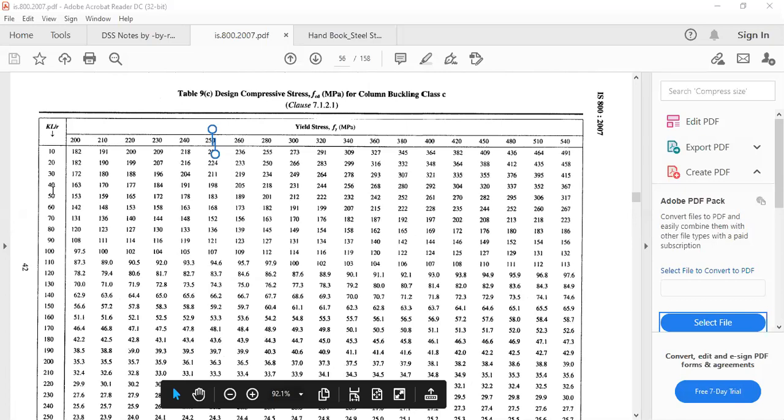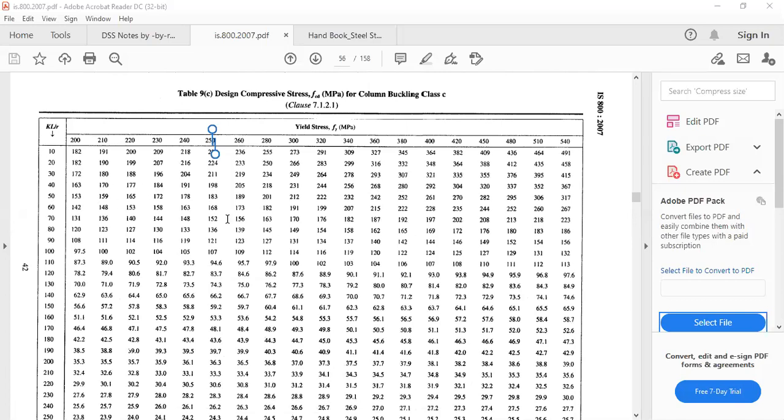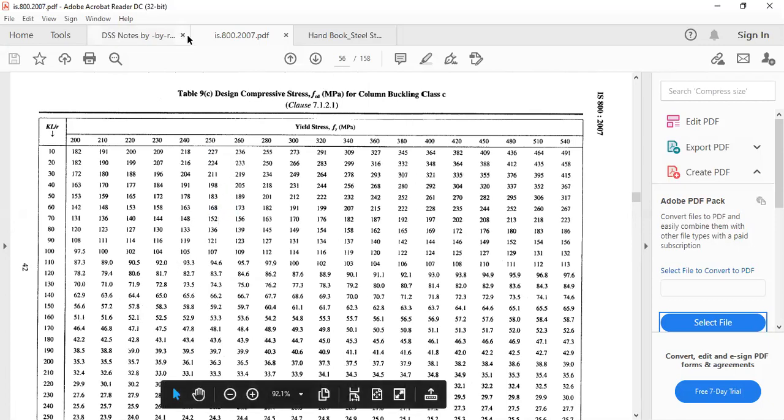For 50 the FCD value is 183, for 60 it is 168. So in between that we can have 55. By taking the average we can find out: 183 plus 168 divided by 2. So 175.5 is the FCD value.